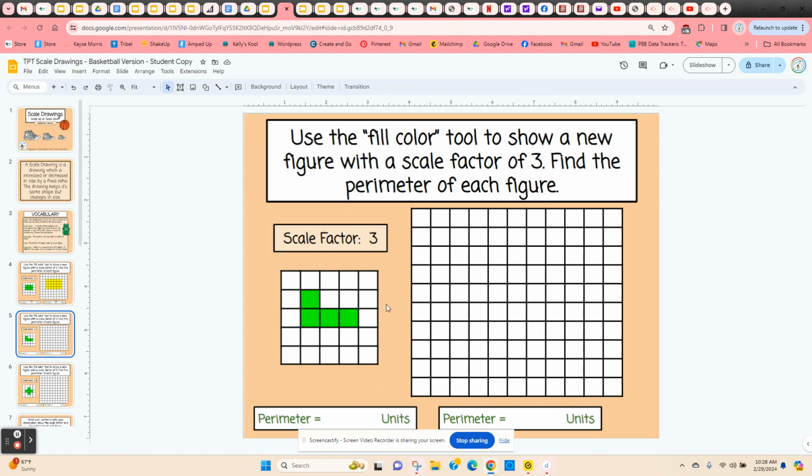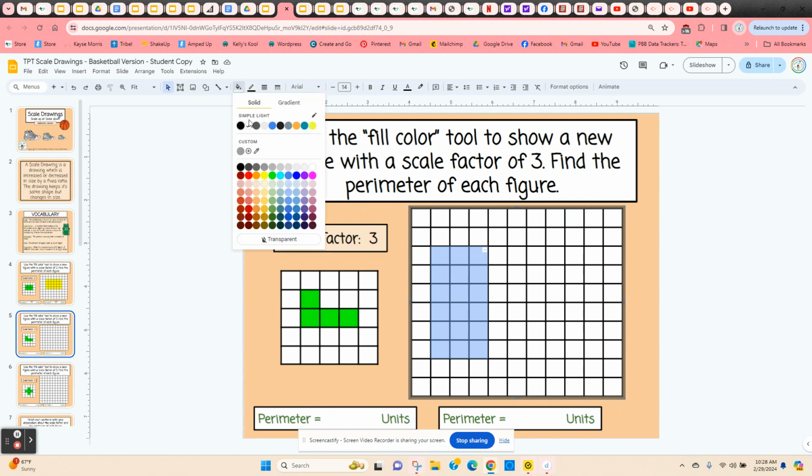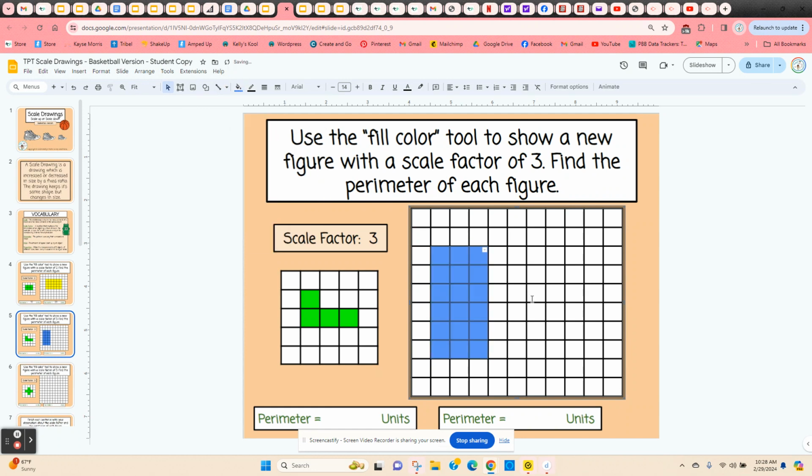Here we're going to scale up by a scale factor of 3. Again, they're going to click in the square that they want to color in, scroll across. They can only do a rectangle at a time. Come up here again. They can choose any color they like.